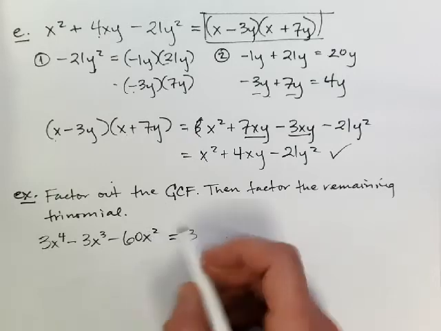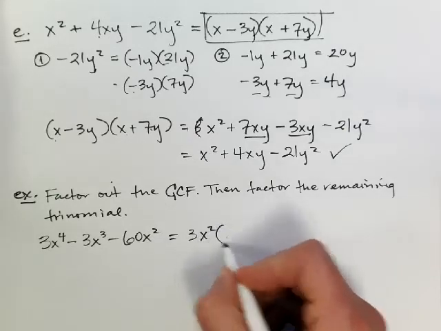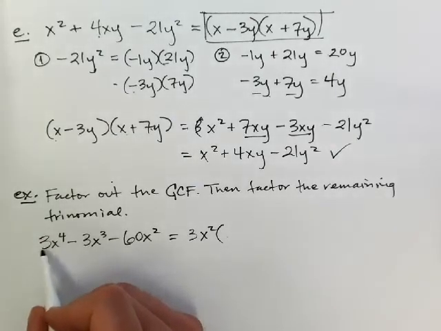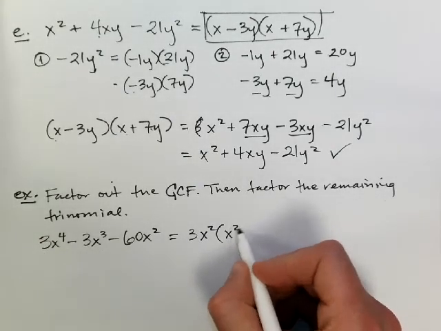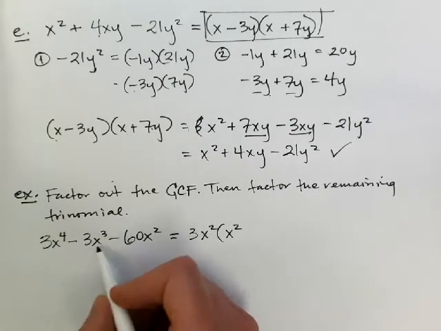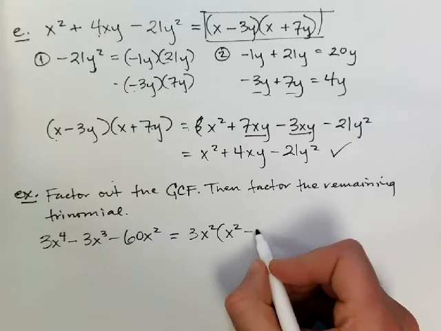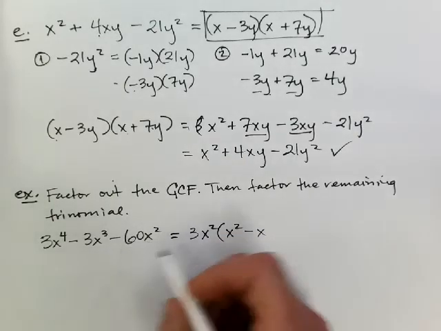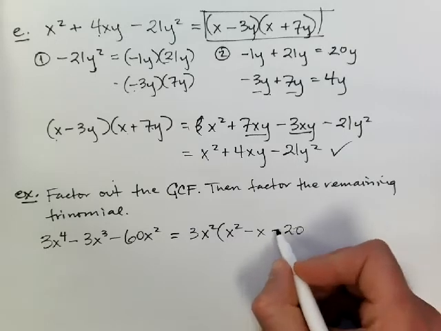The smallest power is x squared, so let's factor that out. If I take a 3 and an x squared out of here, I'm left with just an x squared. If I take a 3 and an x squared out of this, I'm left with a negative x. If I take a 3 and an x squared out of here, I'll be left with a negative 20.